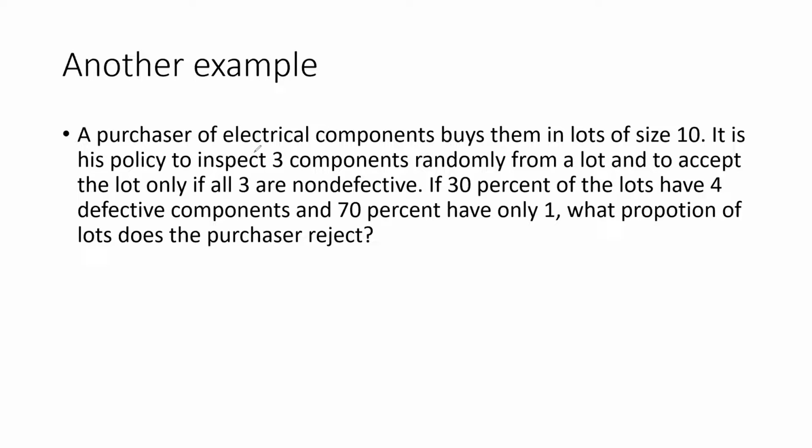So each lot has size 10. It is his policy to inspect 3 components randomly from a lot and to accept the lot only if all 3 are non-defective. If 30% of the lots have 4 defective components and 70% have only 1, what proportion of lots does the purchaser reject?